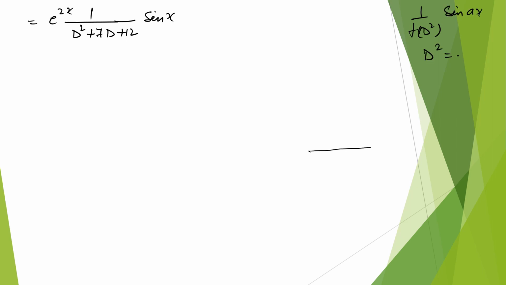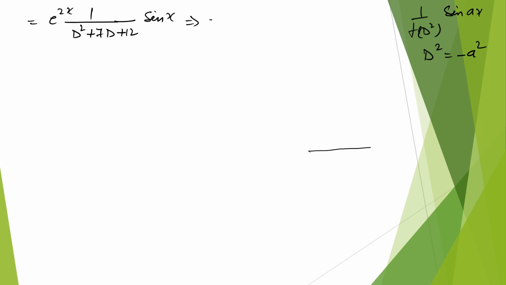Now we get e to the power 2x 1 over d square plus 7d plus 12 sine x. As per the rule of 1 over f of d square sine ax, d square will be replaced by minus of a square.